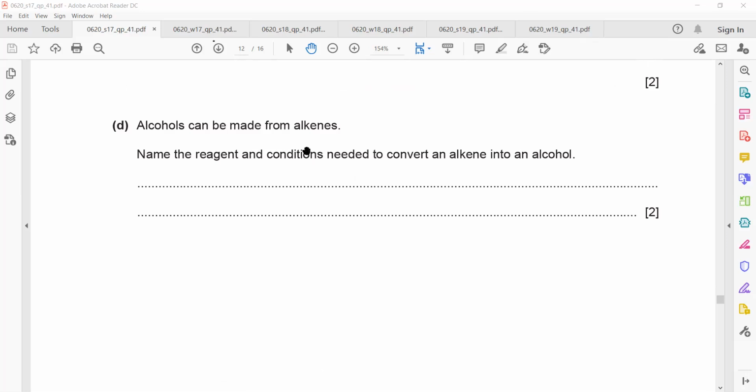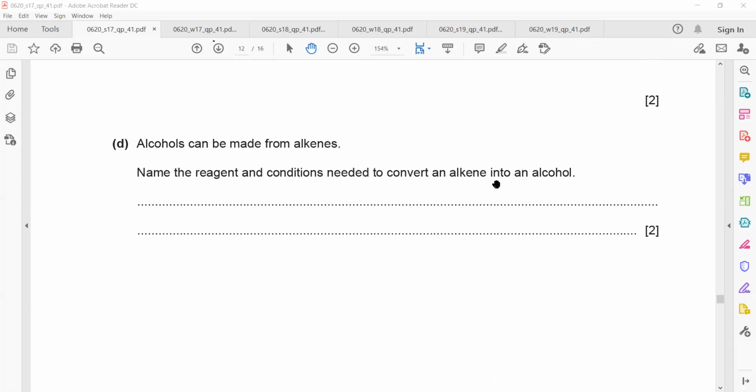Alcohols can be made from alkene. Which reagent and condition are needed to convert alkene into alcohol? So reagent here refers to the chemical. So we need steam, and what else?